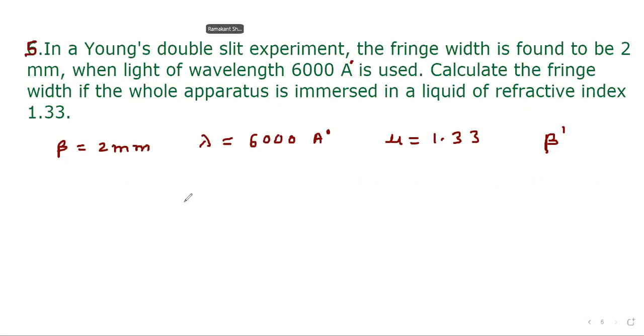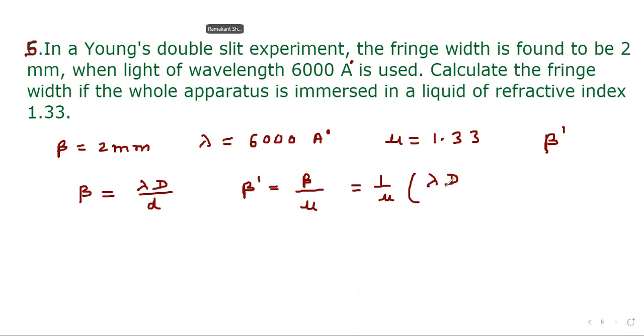So let's write it. We know beta equals lambda D divided by small d, and beta dash, when immersed in a liquid of refractive index mu, becomes beta divided by mu, that is 1 upon mu times lambda D upon small d.